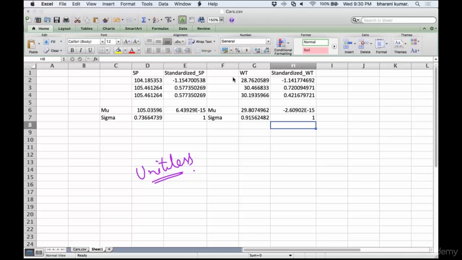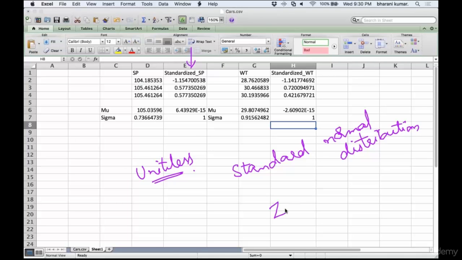Since you're standardizing the data, if you plot a distribution for this, it would be called a standard normal distribution. This standard normal distribution is also called the Z distribution. These are all probability distributions, right? It's just given the name Z distribution because the formula is x minus mu over sigma.